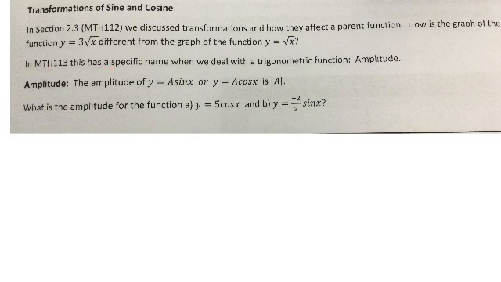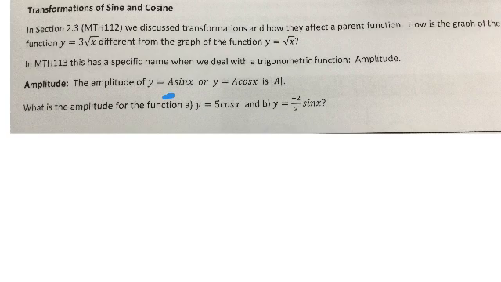In Math 113, this has a specific name when we deal with a trig function called amplitude. The amplitude of y equals a sine x or y equals a cosine x is the absolute value of a. So we can always identify the amplitude by looking at the number that's being multiplied out in front of sine.